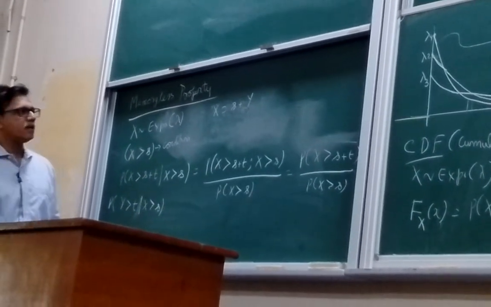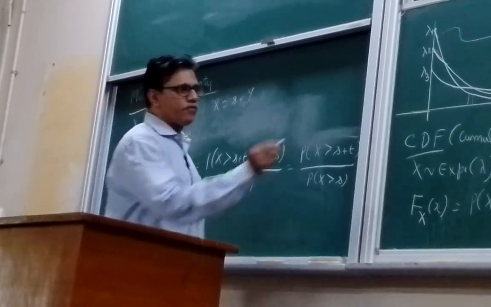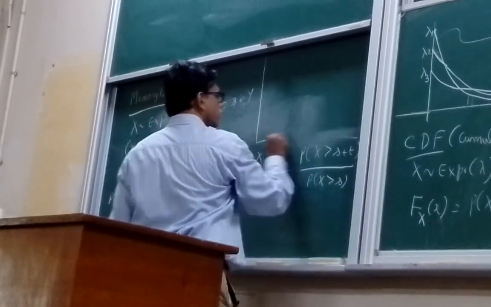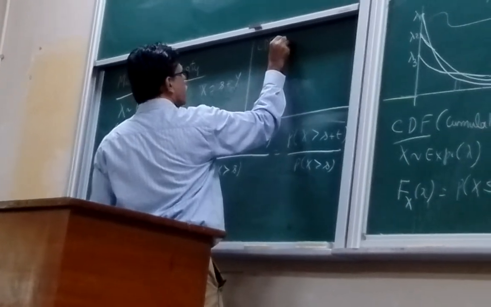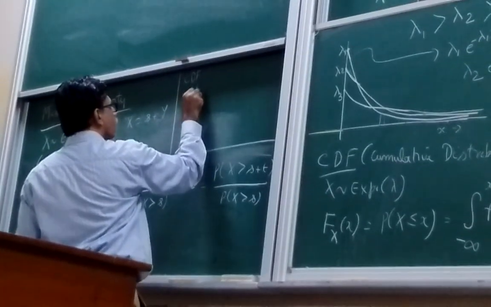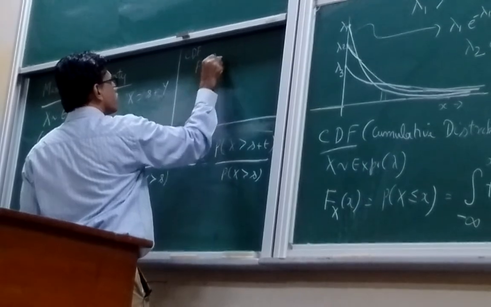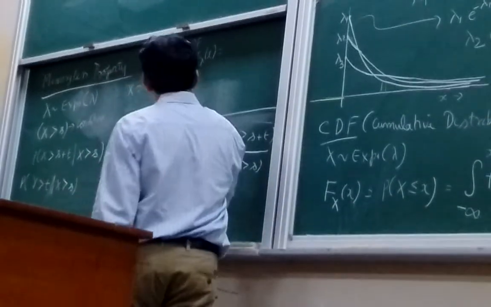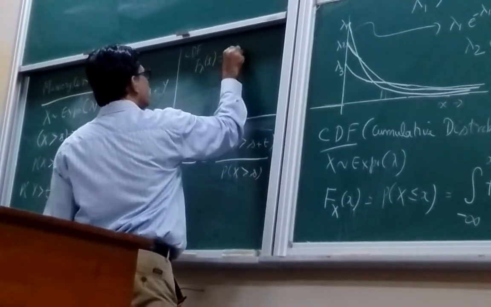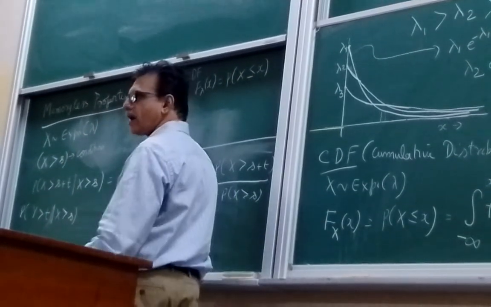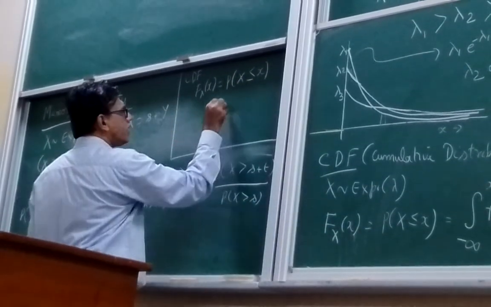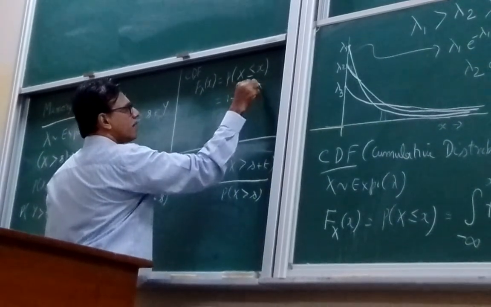So what we have so far computed is, we know the CDF of this, F_X(x), is known. What is this property, the probability that X is less than or equal to x, for an exponential random variable? You know it as 1 minus e to the power of minus lambda x.